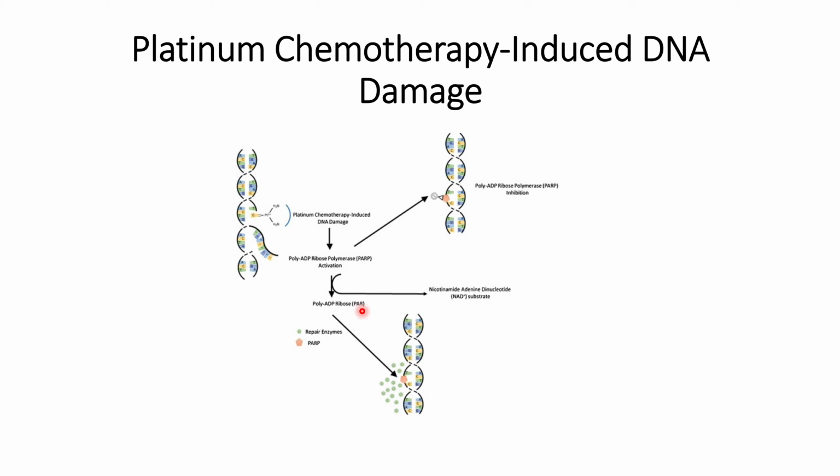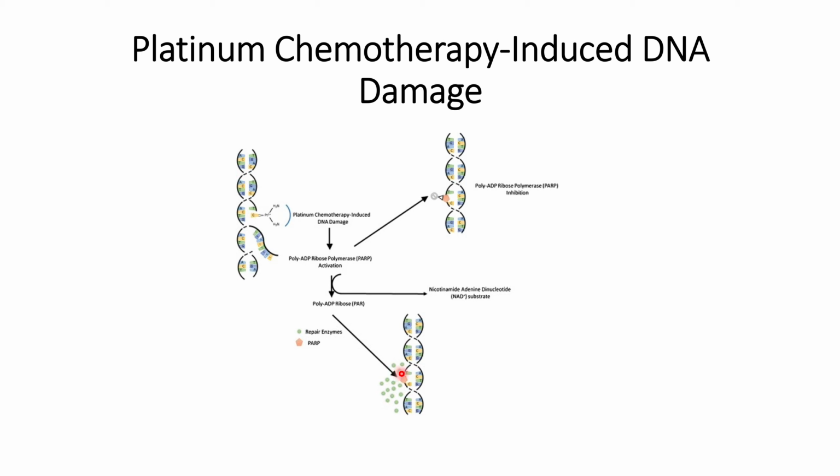And what it will do is recruit more enzymes that are responsible for repairing the DNA damage. As we can see, PARP is represented by this orange color, and green is represented by repair enzyme. So PARP will recruit more repair enzymes towards the area where DNA is damaged.